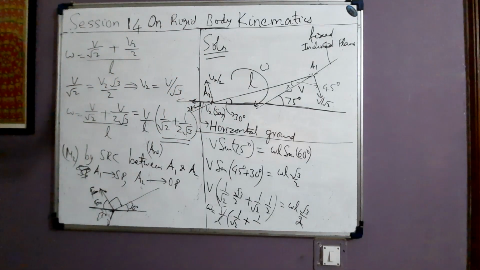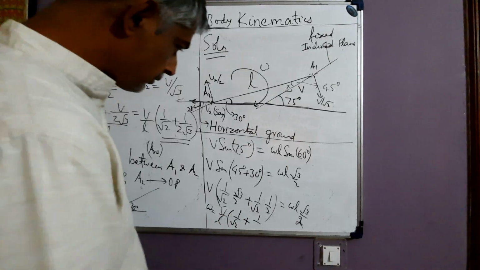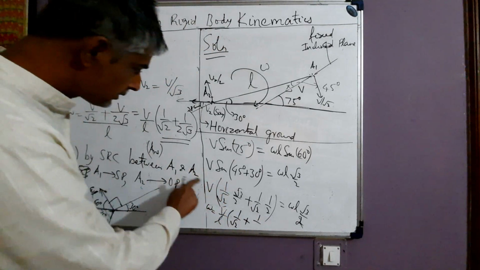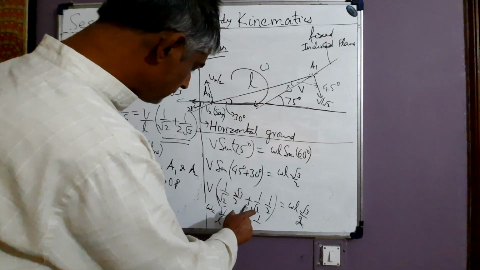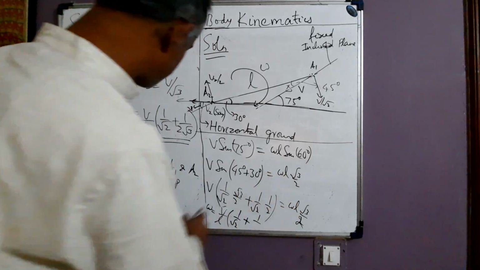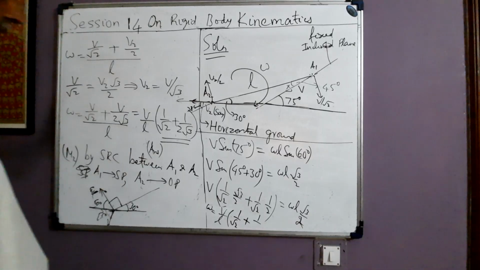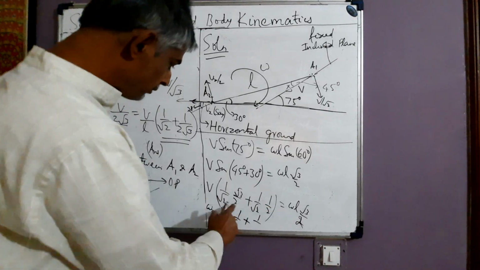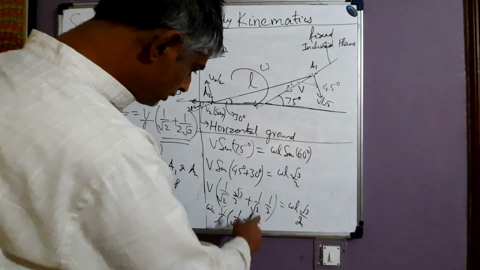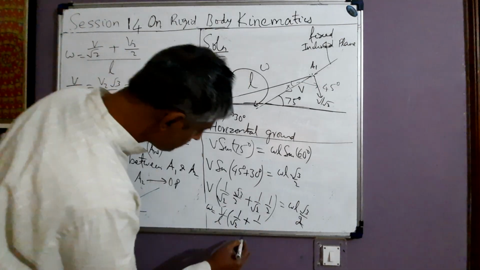Sin 45 cos 30 plus cos 45 sin 30. Omega L sin 60, root 3 by 2. 2 by root 3 to 1 by root 2, and 2 by root 3 to 1 by root 2 root 3.